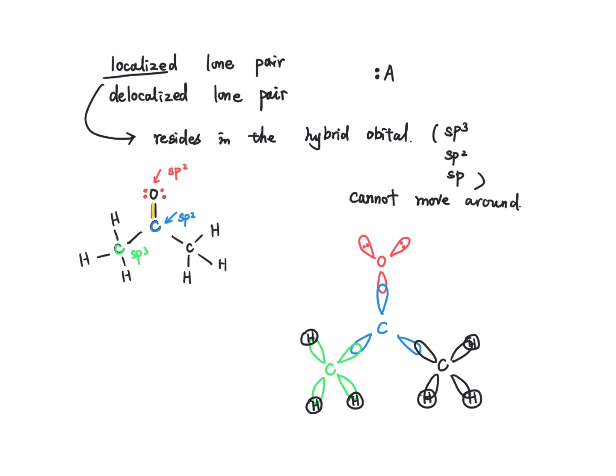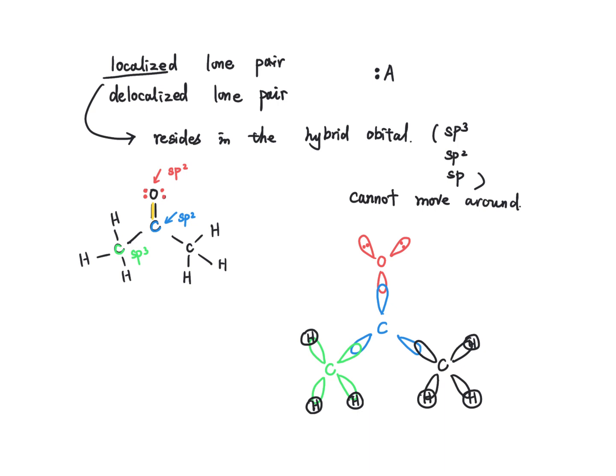That is also the rule for determining if these two lone pairs are localized lone pairs. These two lone pairs on the oxygen, which already has its p orbital used up forming the pi bond between the carbon and oxygen, are localized lone pairs. In other words, they are in the sp2 hybrid orbital in this case.